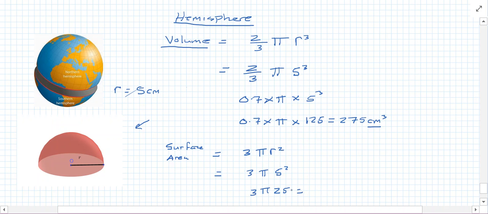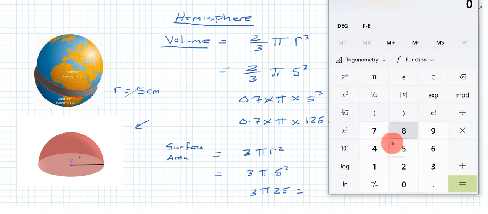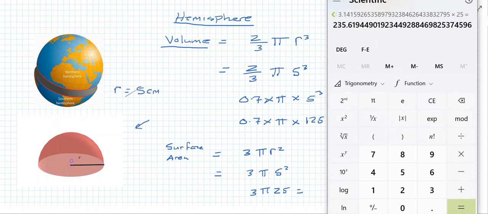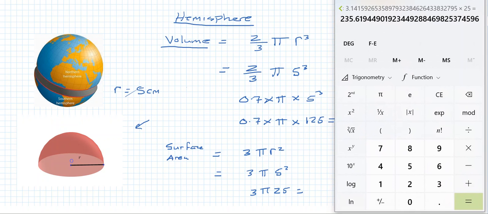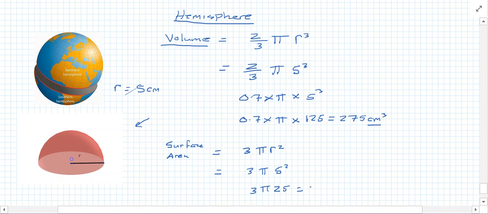If we multiply these by each other, it's going to be 3 multiplied by pi multiplied by 25, which is equal to 235.6, and if we round it up, it'll be 236 centimeters squared.